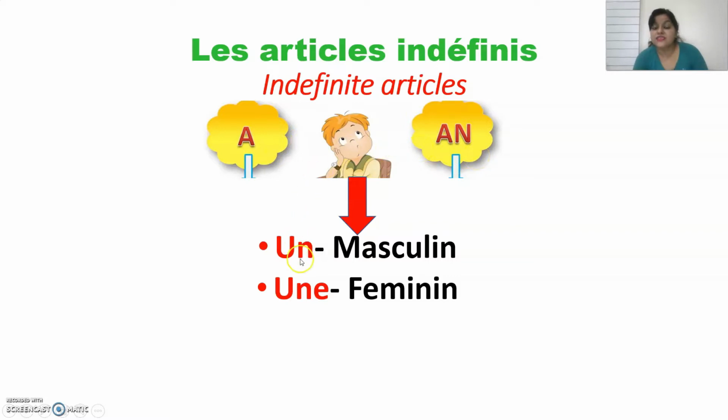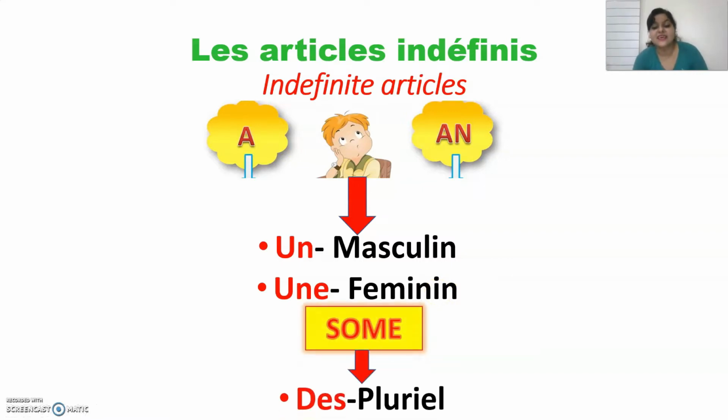Now the question arises, how will we come to know which one to use where? So you will use un before the masculine noun and une you will use before the feminine noun. That means if the word is ending with e. And for writing down some, we just have one way, that is des. And des is always used for plural.